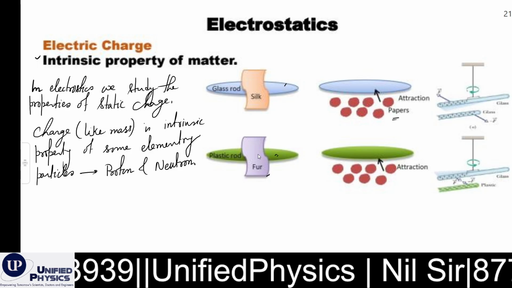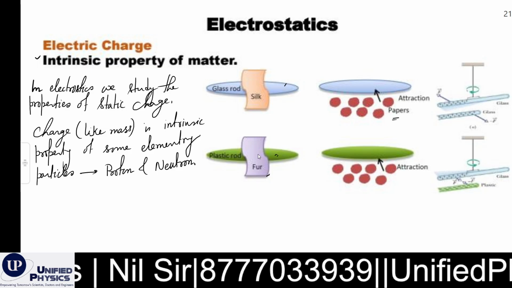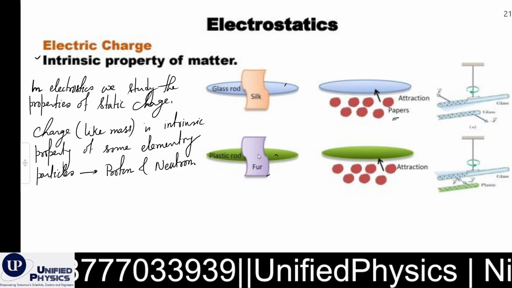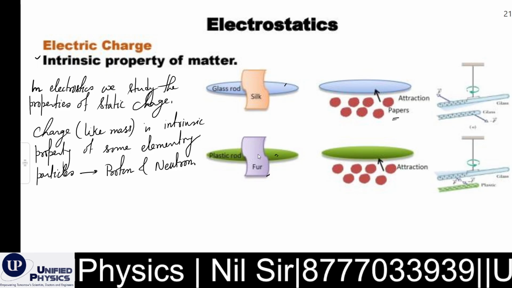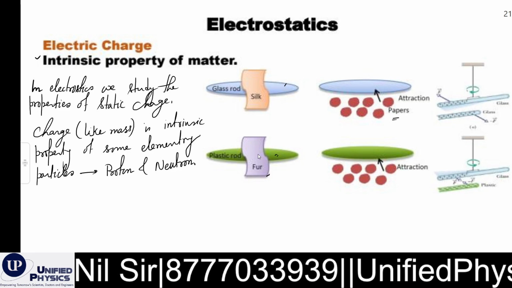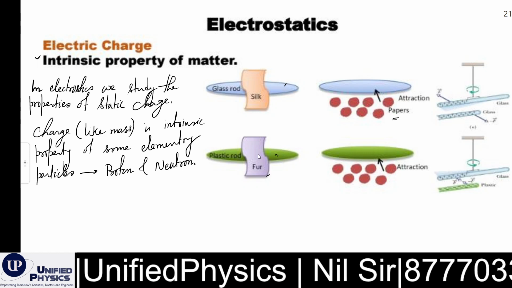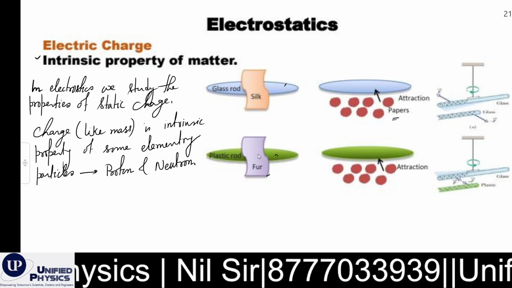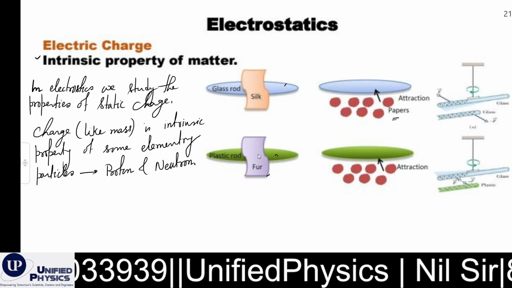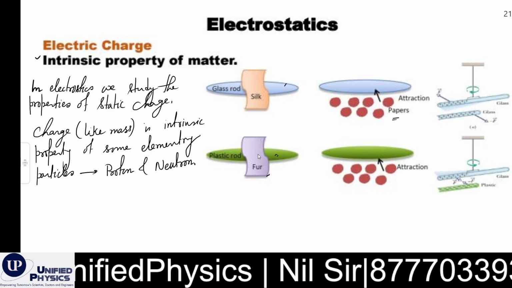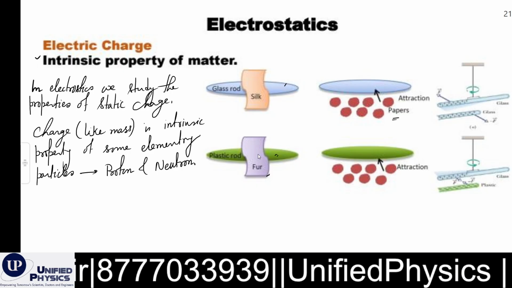After the discovery of the electron and proton in the 19th century, it was discovered that an electron has the same kind of property as a proton, but their nature is different. That means two protons, if they come very close to each other, repel each other. Similarly, two electrons repel each other. On the other hand, a proton and an electron attract each other.